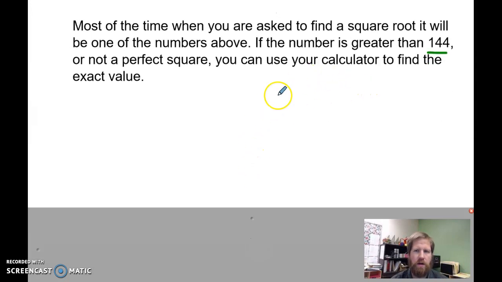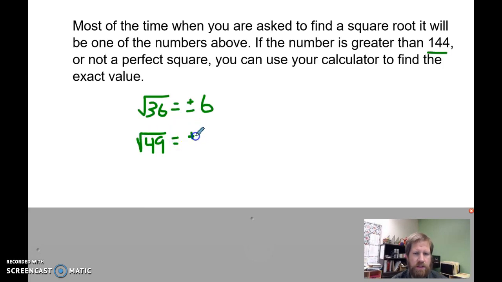So when we are given a problem like find the square root of 36, hopefully this is something you already know: 36 is going to have 6 times 6 as its roots, or positive or negative 6. 49 is going to be positive or negative 7.